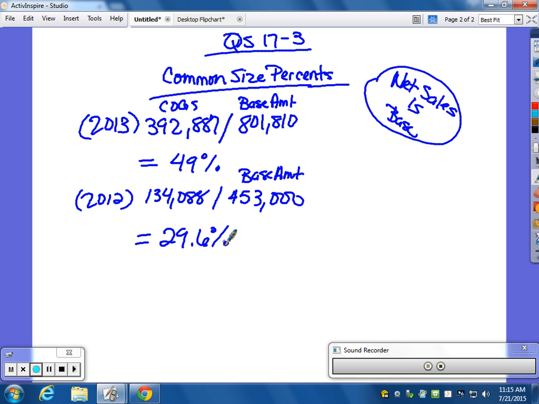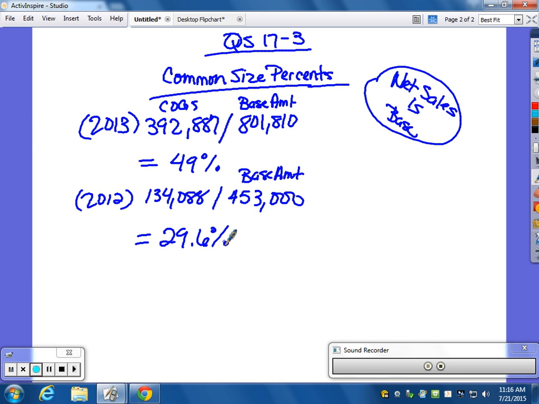Quick study 17-4 says compute the annual dollar changes and percent changes for each of the following accounts. In order for us to find the dollar change, what's the ratio I gave you? Analysis amount minus the base period.